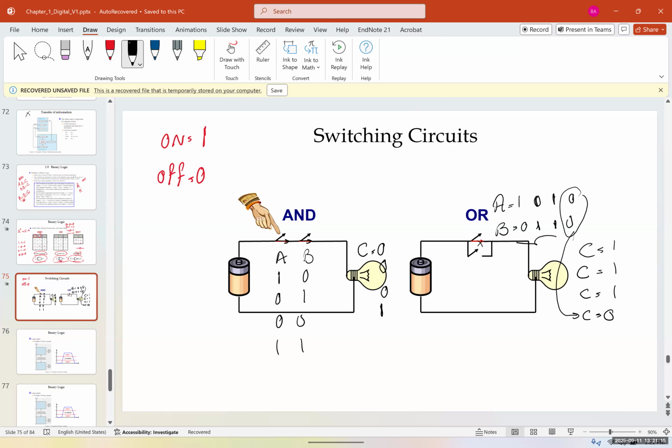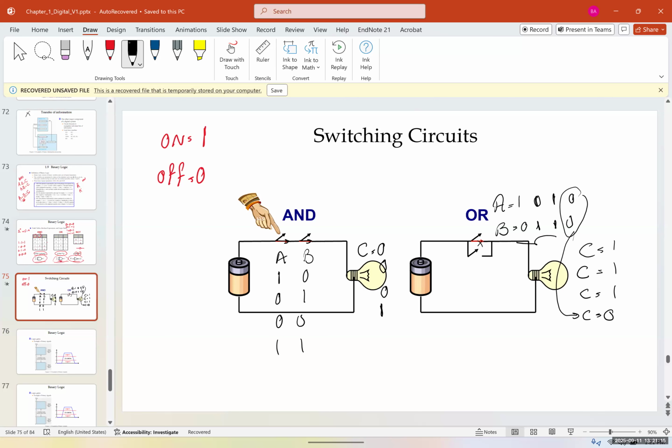Now, how does a binary logic gate system even work? And I've already mentioned this. A binary logic system works based on voltage, okay? So the logic of 1 means we have a positive voltage. Usually, for this case, it's above 2 volts.